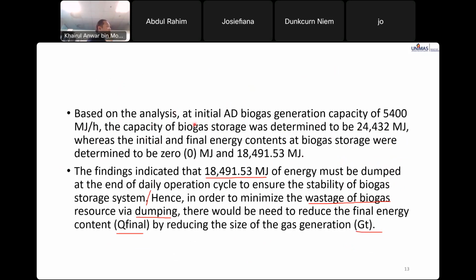Based on the analysis, at an initial AD biogas generation capacity of 5,400 megajoule per hour, the capacity of biogas storage was determined to be 24,432.